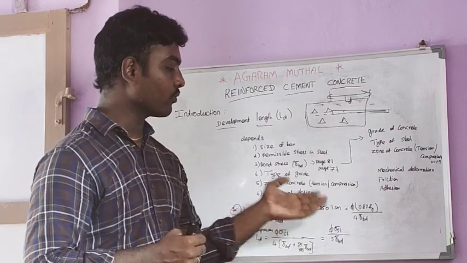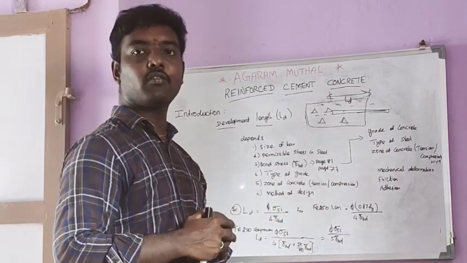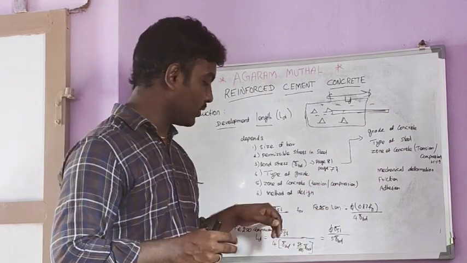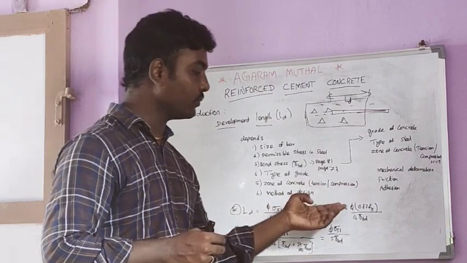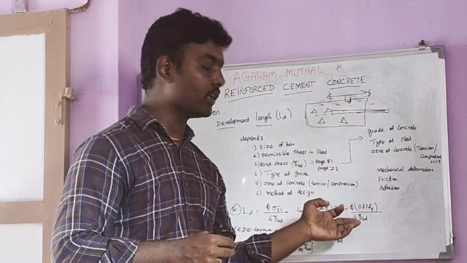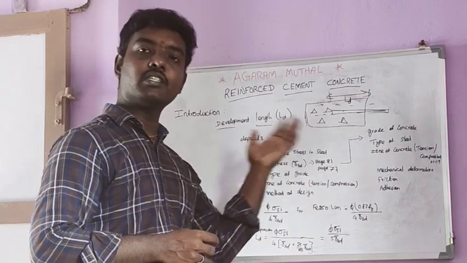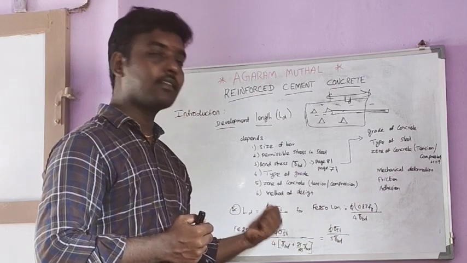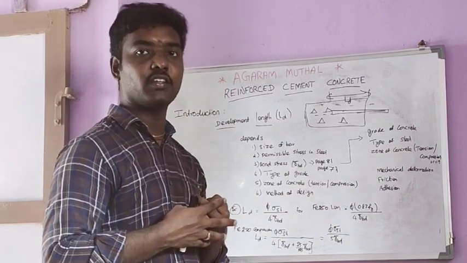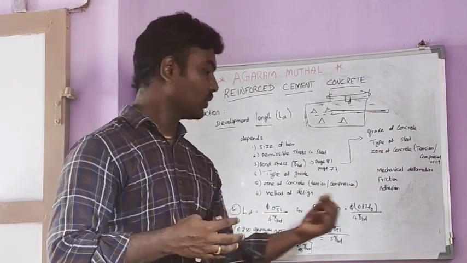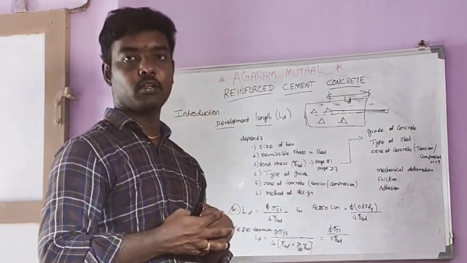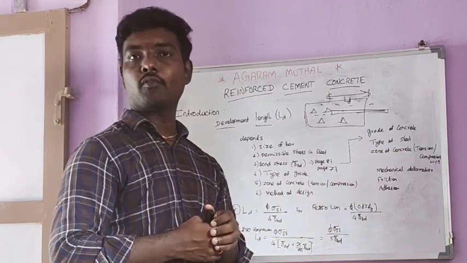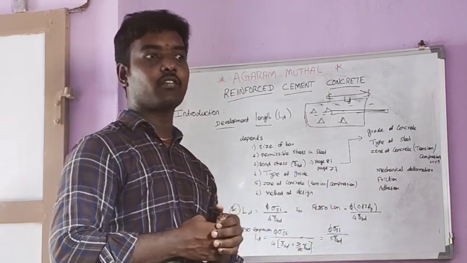For example, if you are using Fe 415 steel with the limit state method, the development length Ld becomes 5 into 0.87 times fy, divided by 4 into tau bd, which we saw in the previous table. It shows that sigma st, the maximum permissible tensile stress in the limit state method, is 0.87 times fy.